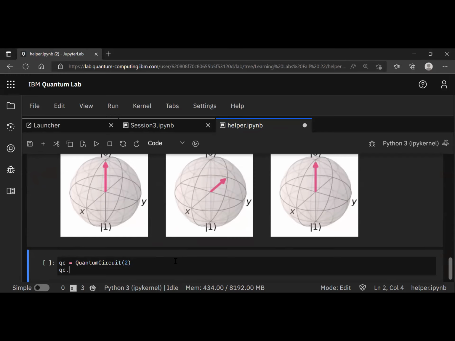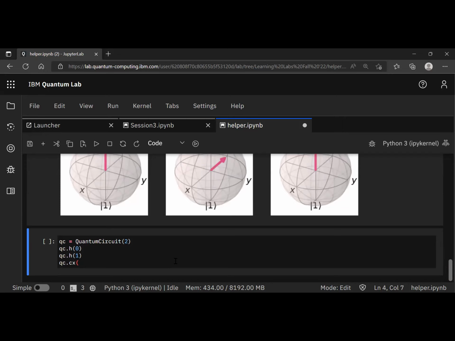So we're going to first apply a Hadamard gate on the 0 qubit, then Hadamard on the 1. Okay, and then we have to be specific about this, right? QC.cx is how you do a controlled X operation or controlled not. So our control, let's say it's 0. Our target is going to be 1.